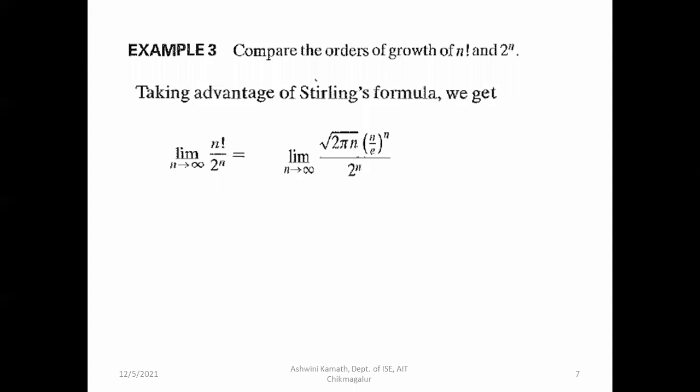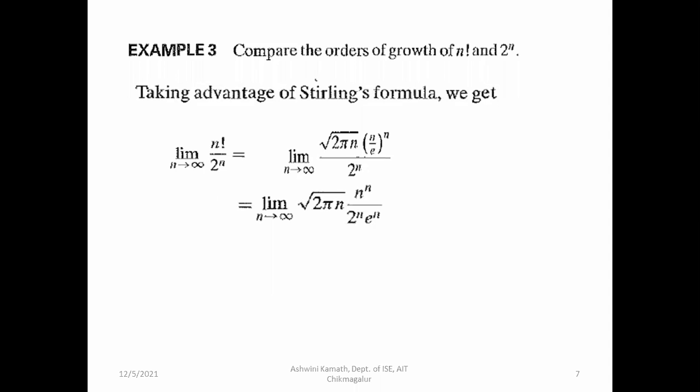Square root of 2 pi n into n divided by e whole to the power of n, divided by 2 to the power of n, which is equal to limit n tends to infinity, square root of 2 pi n into n to the power of n divided by 2 to the power of n into e to the power of n. Simplify this.